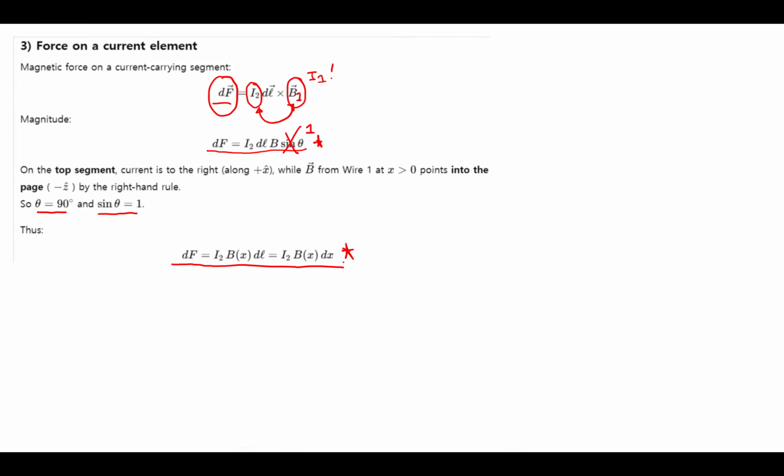Okay. And on the top, it is along the x direction, so dl is dx. Okay. And then here is the I1. The current is going to be like this, so it depends on the position.